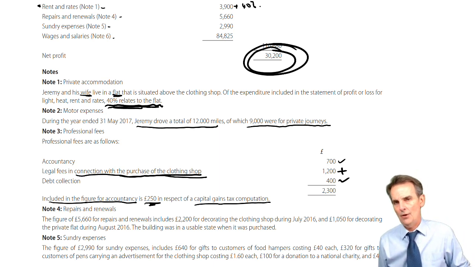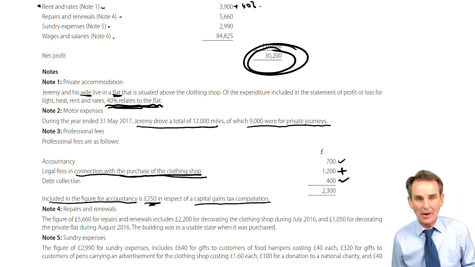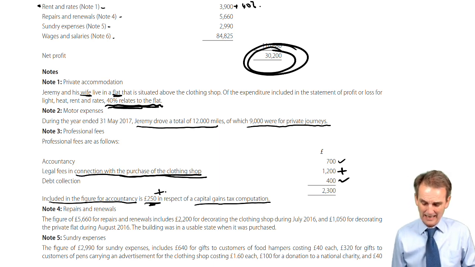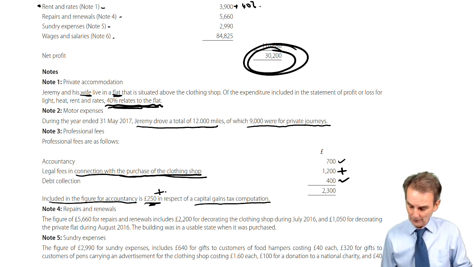Do you think that working out a capital gains tax cost for the individual Jeremy has got anything to do with the business and would therefore be allowed as a trading expense? I'm hopeful that you're saying not a chance. No. So that is a private expense item, and therefore the 250, add back, put a plus sign next to the 250. Right, we're rocking and rolling here.